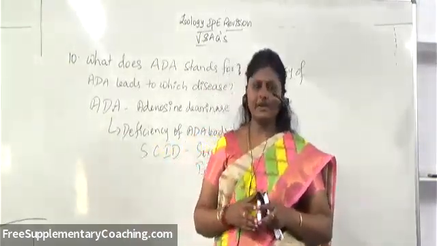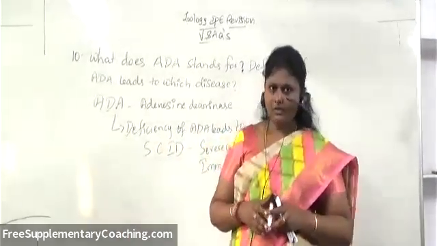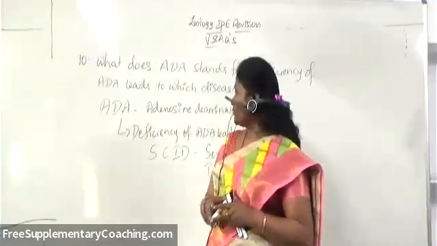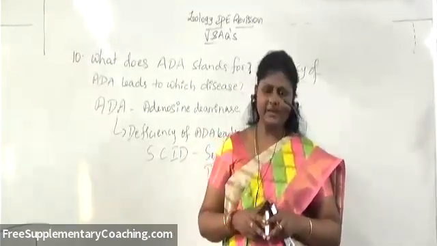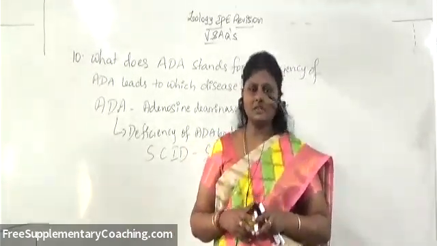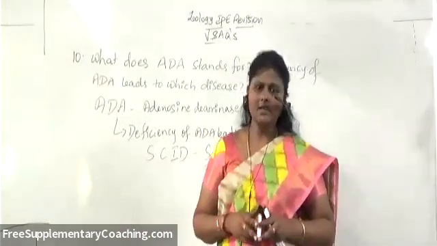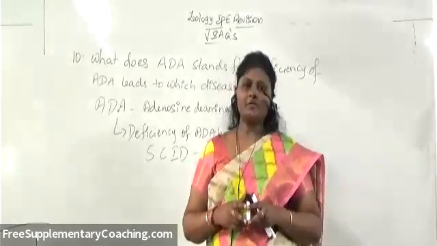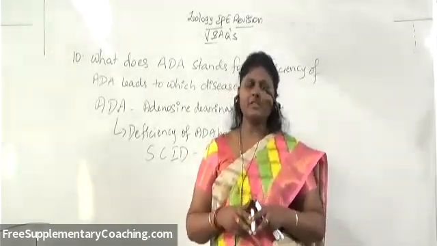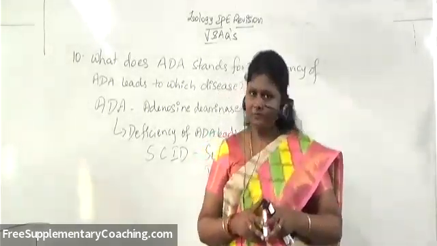All these are different genetic disorders. Then what does ADA stand for? ADA is the adenosine deaminase enzyme, and deficiency of this enzyme leads to a disease called severe combined immunodeficiency, so that people have lowered immunity and become susceptible to infections.